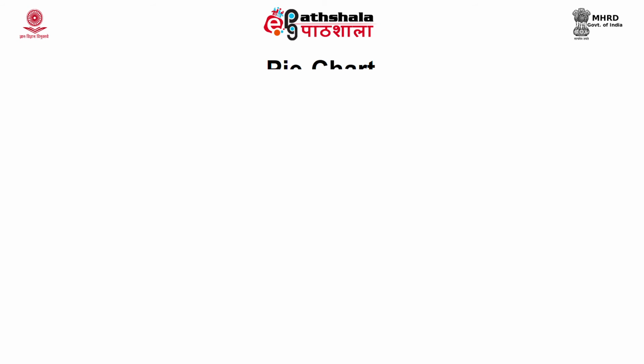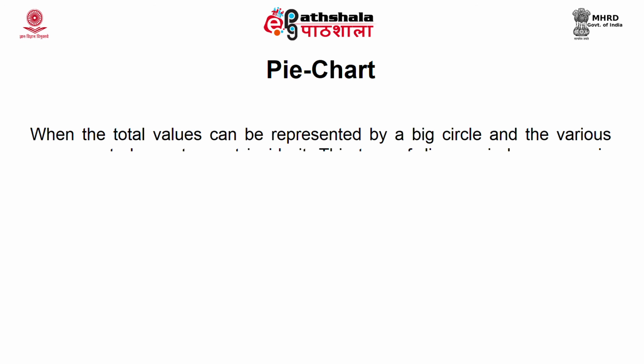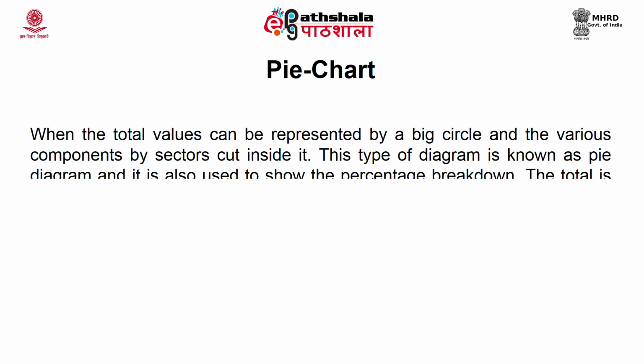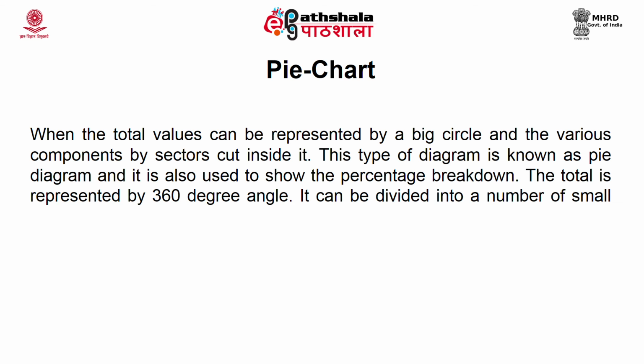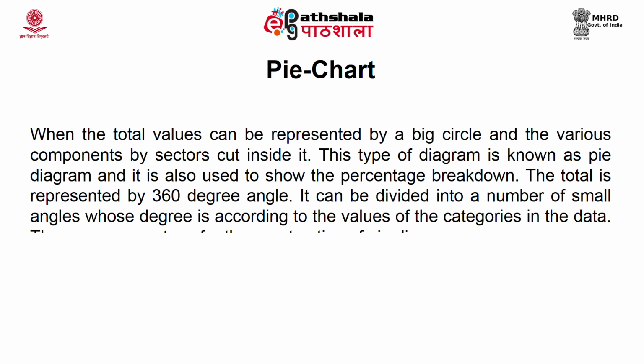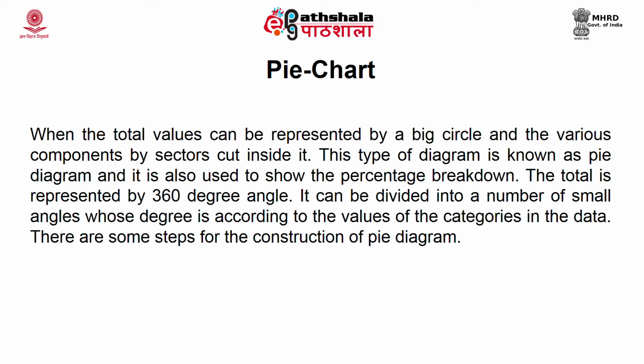Now we are going to discuss one more diagram, that is the pie chart, where the total value is represented by a big circle and the various components are sectors cut inside it. This type of diagram is known as a pie diagram.